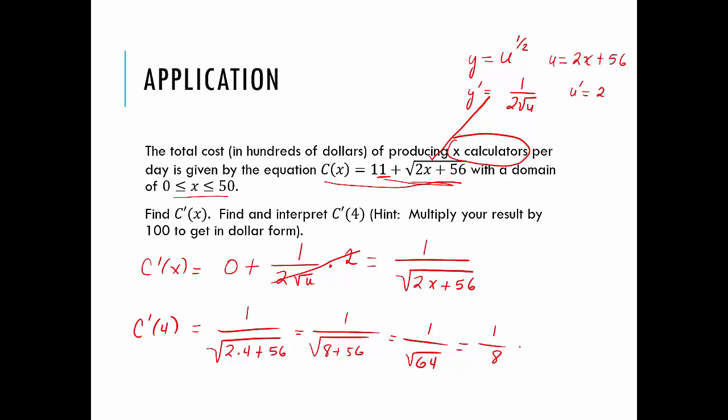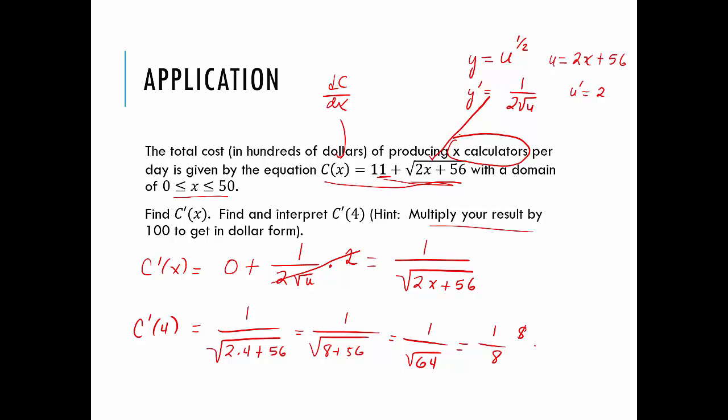Now, this is kind of where I like that whole dy/dx stuff, okay? And in this case, it's dC/dx, which means this is the change in cost in hundreds of dollars. And I said, hint, multiply your result by 100 to get this in dollars.